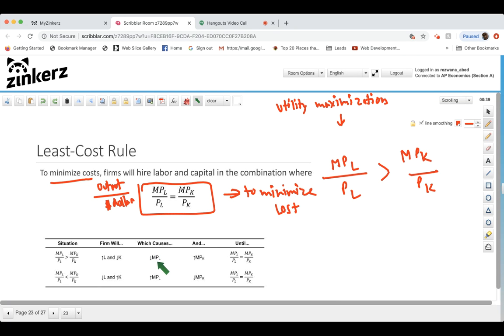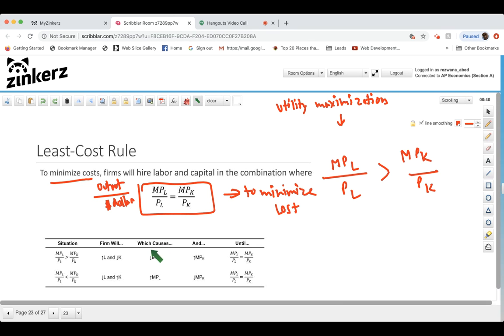Because of decreasing marginal returns. Exactly. Diminishing marginal return to labor, right? Because we keep hiring more and more labor, but we're not adding capital. We talked about this in the producer theory materials a long time ago.